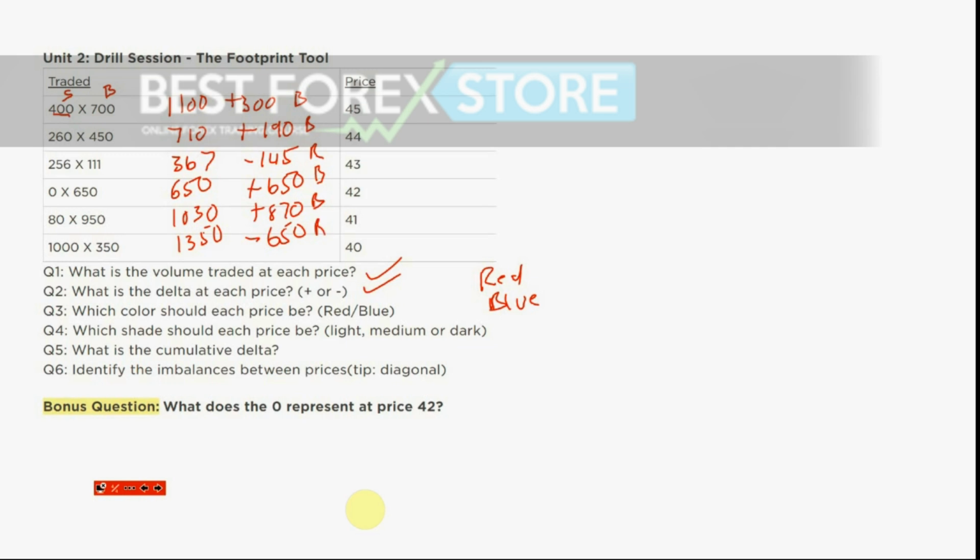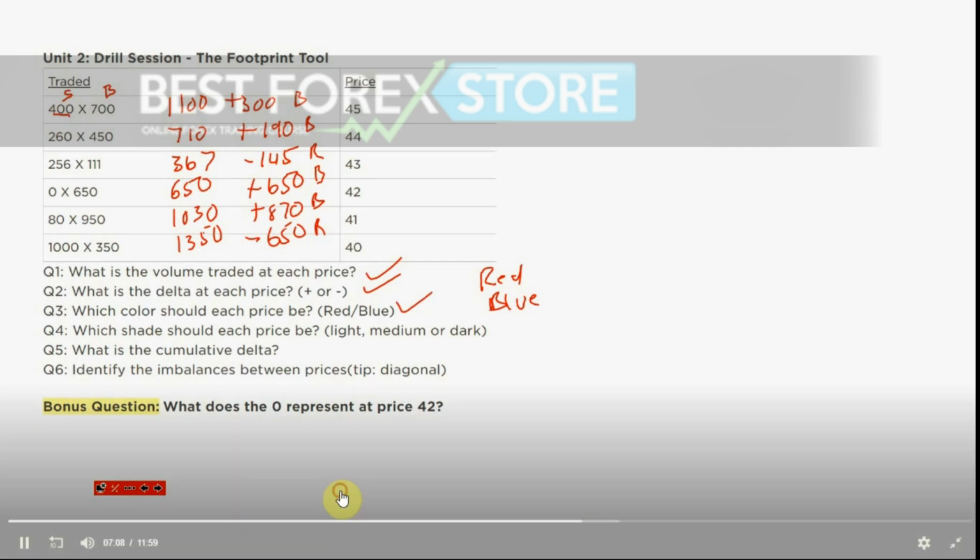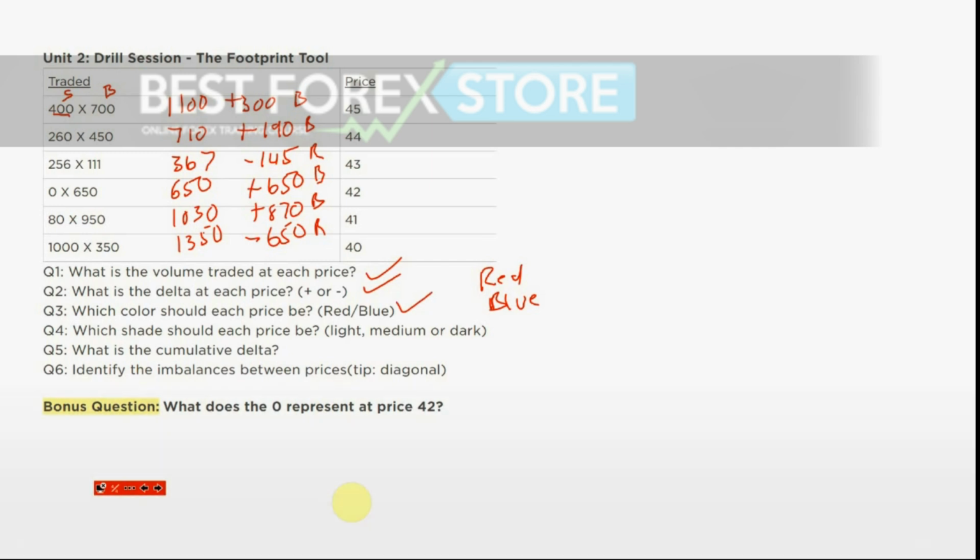Okay, and then the next question is, what should each shade be at each price? Again, if you found this a little bit tricky, that's okay. The important thing to understand is that the shades are based on the relative amount of volume. An algorithm is designed to add a shade based on the relative volume, so it's one price's volume relative to the next.